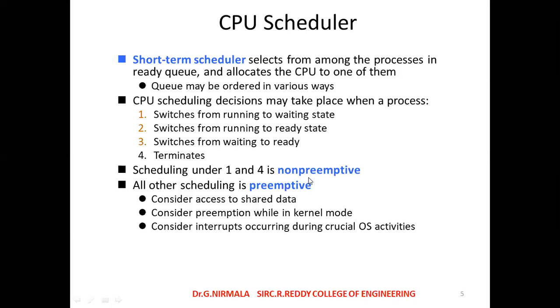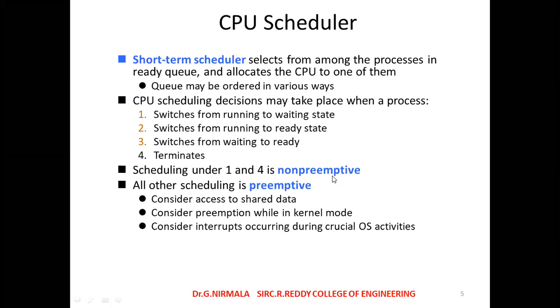Finally, you have the terminate for complete termination. Scheduling under 1 and 4 is non-preemptive. Here you should remember the word: the scheduling algorithm may be of any type, non-preemptive or preemptive algorithms. Listen carefully.